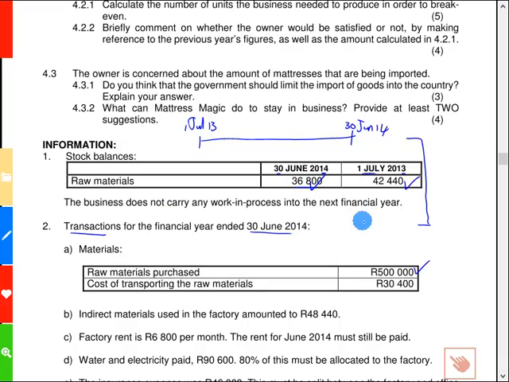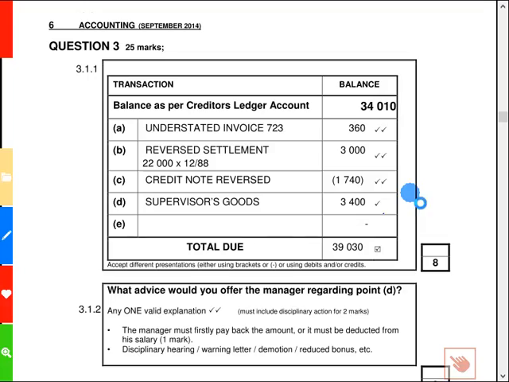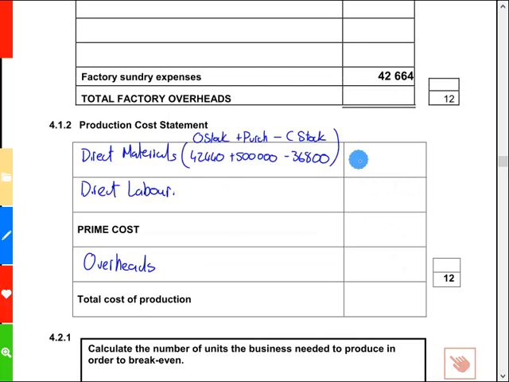Right, so we've dealt with that. What about this information here, the cost of transporting the raw materials? Should that form part of the cost of raw materials? Yes, it should. We need to pay for the transport in order to receive the goods. So everything that is necessary to get the goods to us is going to form part of the cost of those goods.